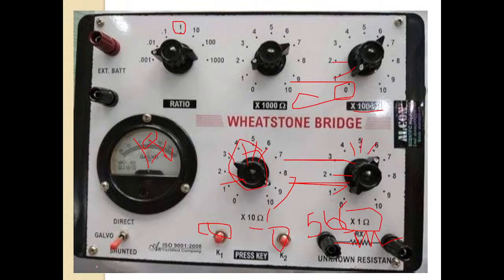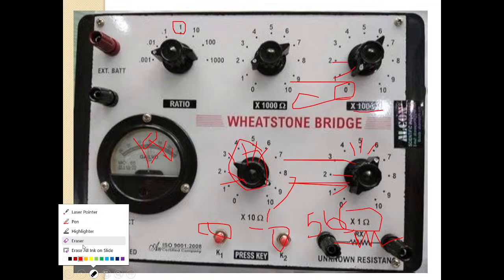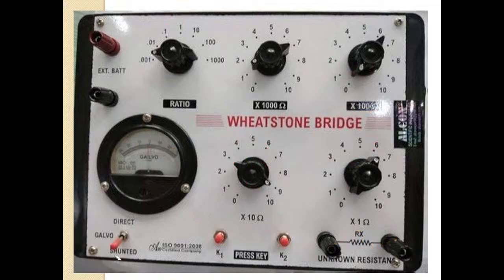I will erase all links. Okay, as soon as I set the correct, accurate resistance value, 50 ohms in this knob and 6 ohms in this knob, the galvanometer reading will show 0.